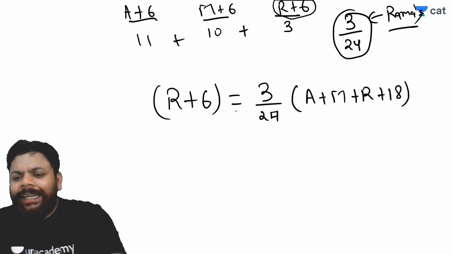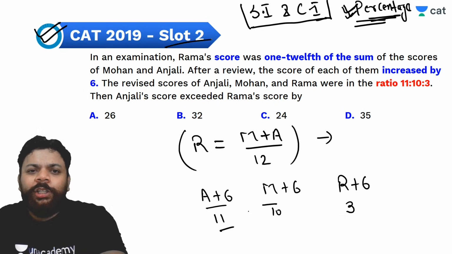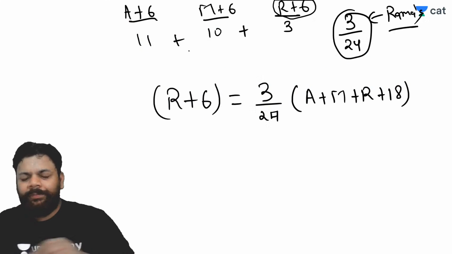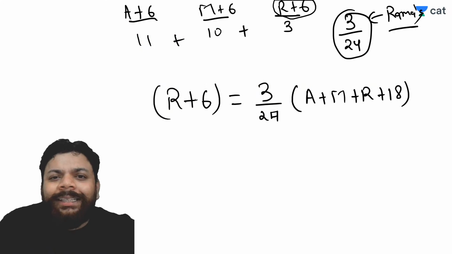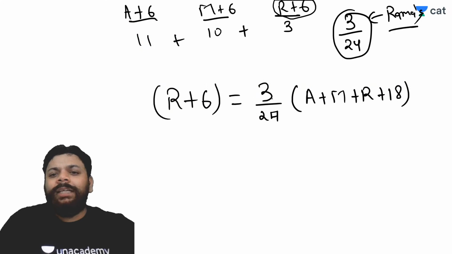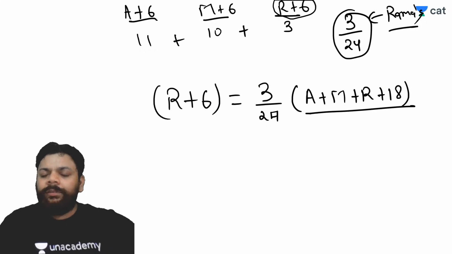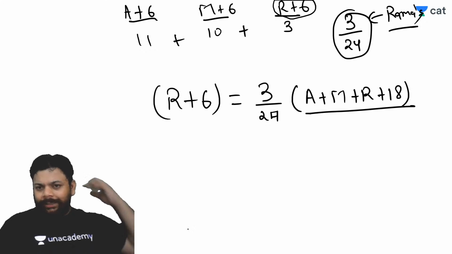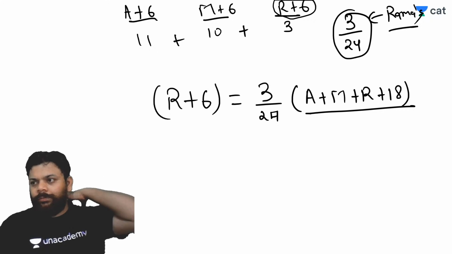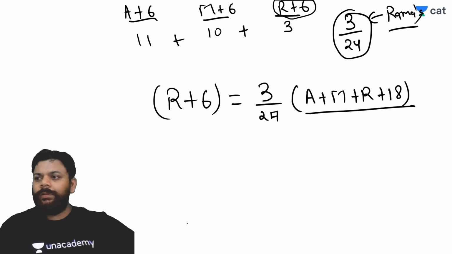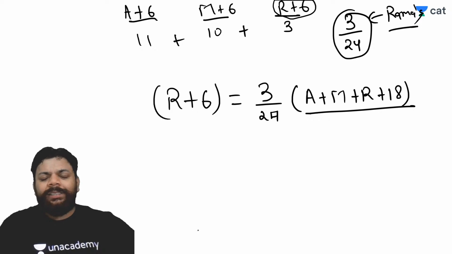Yeah, this is CAT 19 question. CAT 19 slot 2, that is afternoon slot. So can I say that r+6 will be 3/24 of this one? Say yes or no. Definitely we can write this.